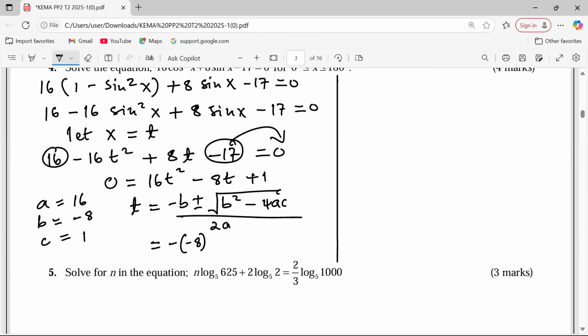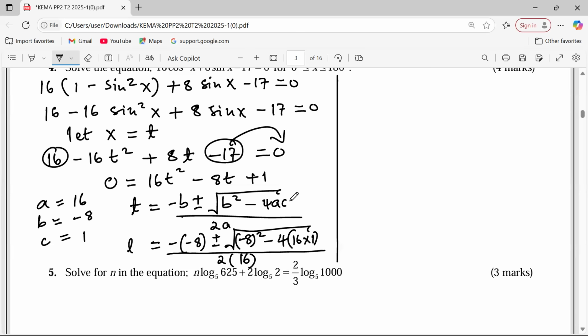So negative -8. Then I add or subtract the square root of -8 squared minus 4 times the value of A, which is 16, multiplied by C, which is 1. Then I divide everything by 2 multiplied by the value of A, which is 16, that way.